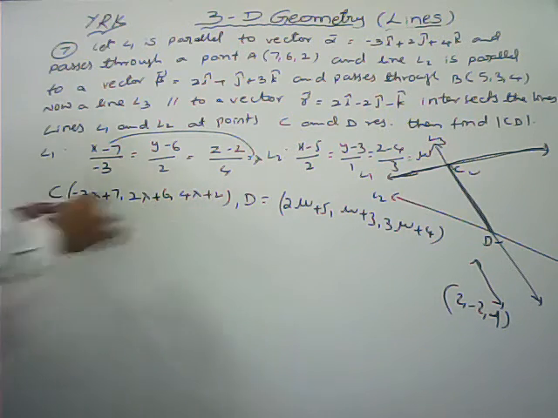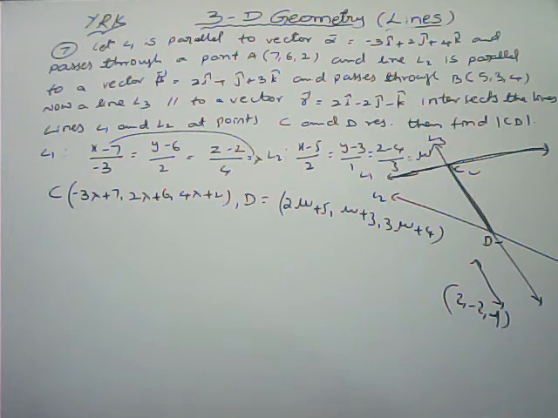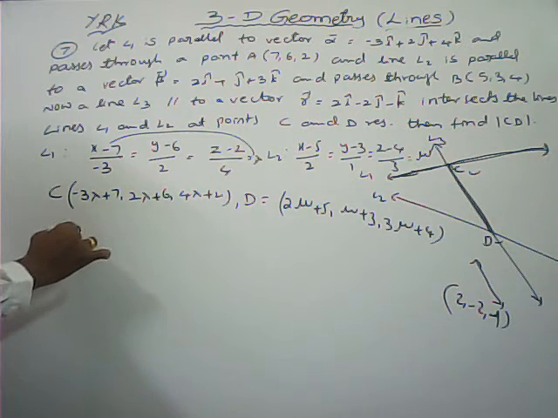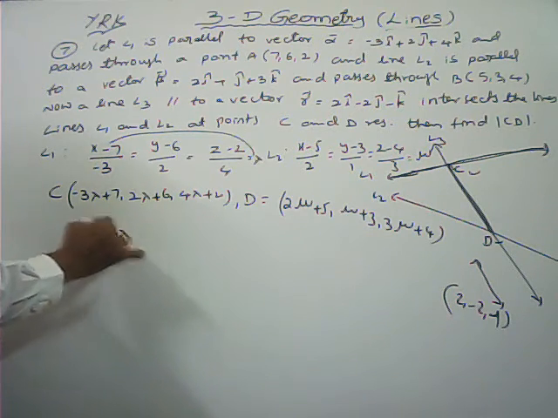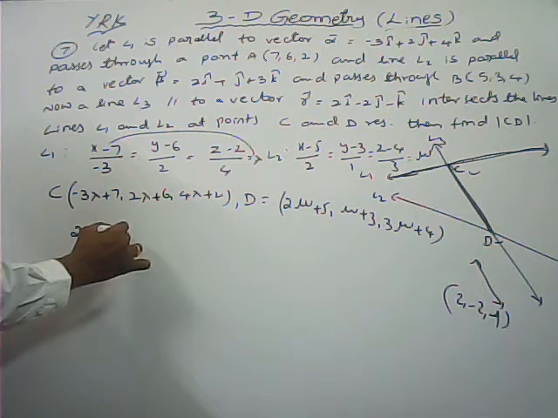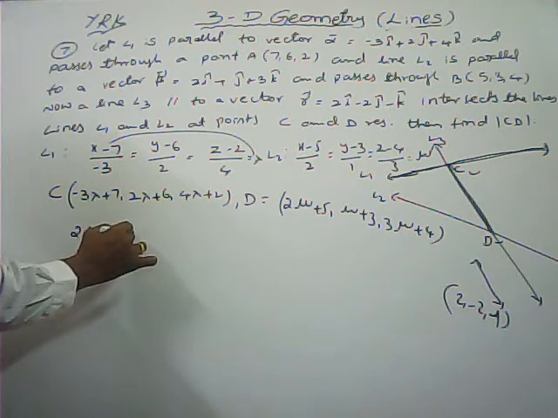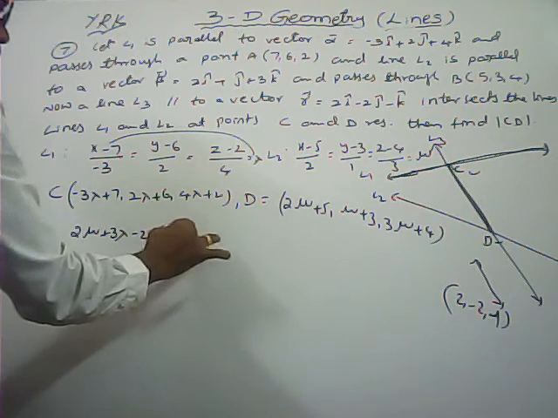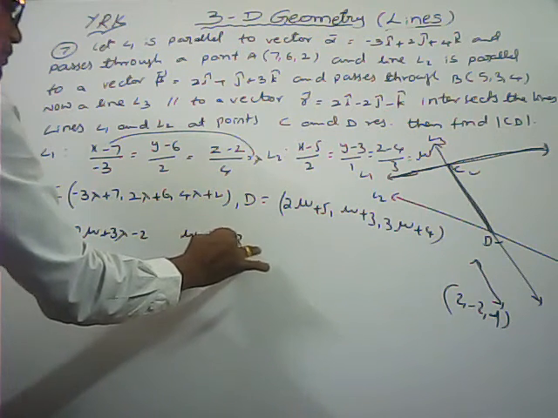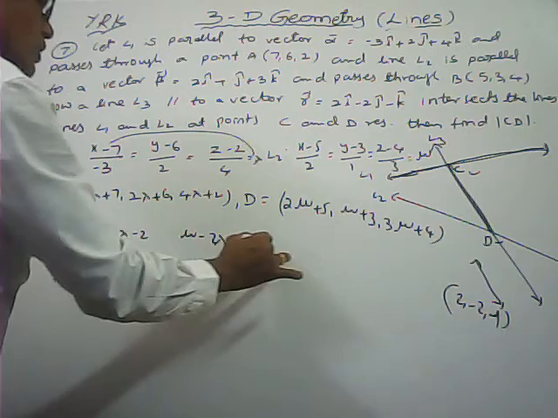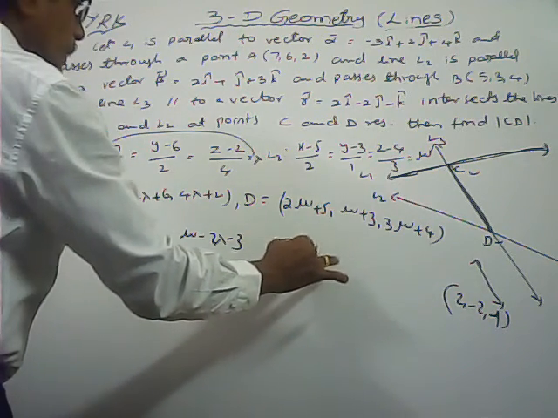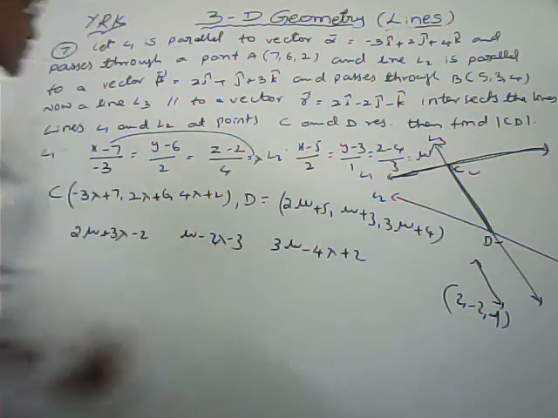What are the DRs of a line passing through 2 points? x2 minus x1. So 2 mu plus 5 minus 7 minus (minus 3 lambda), that is 2 mu plus 3 lambda minus 2. And y2 minus y1, mu plus 3 minus 2 lambda minus 6, that is mu minus 2 lambda minus 3. And z2 minus z1, 3 mu plus 4 minus 4 lambda minus 2.